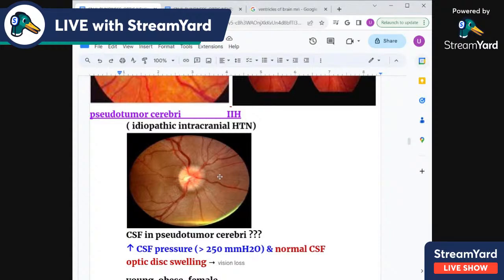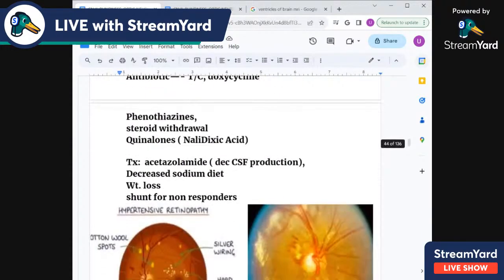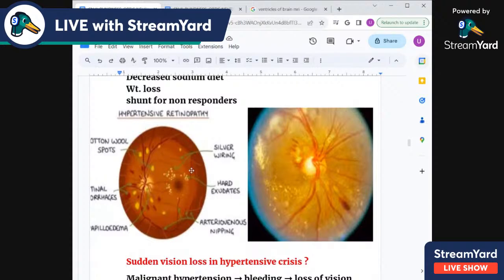is increase in the pressure and the optic disc edema, papilledema, plus increase in intracranial pressure, but there are no other findings in the increase in intracranial hypertension or pseudotumor cerebri.